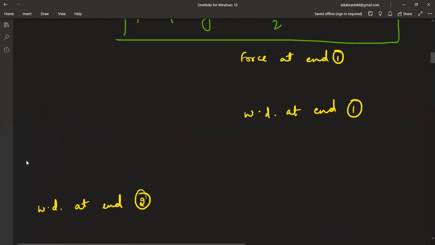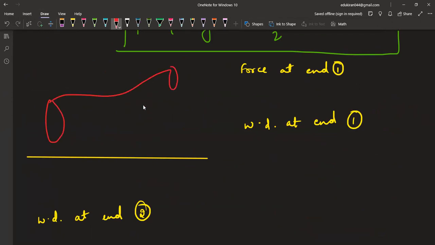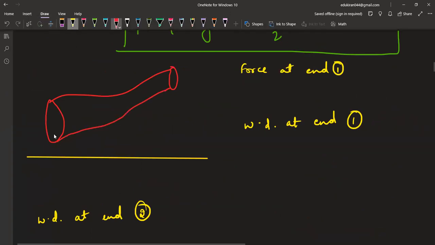Now see, suppose this is the horizontal level. Now I am taking a pipe of random shape, which has H1 separation from here and H2 separation from here.